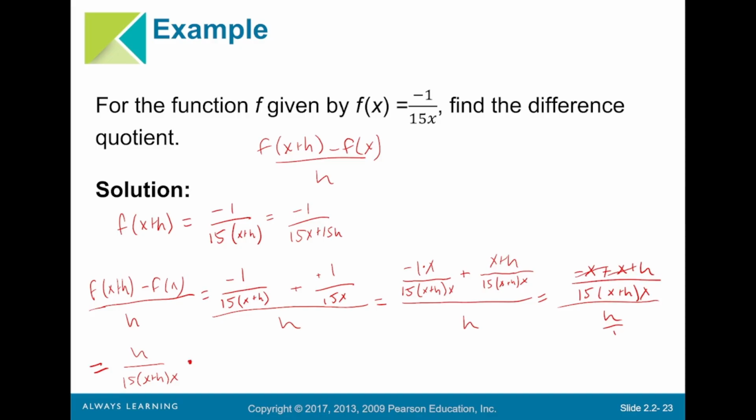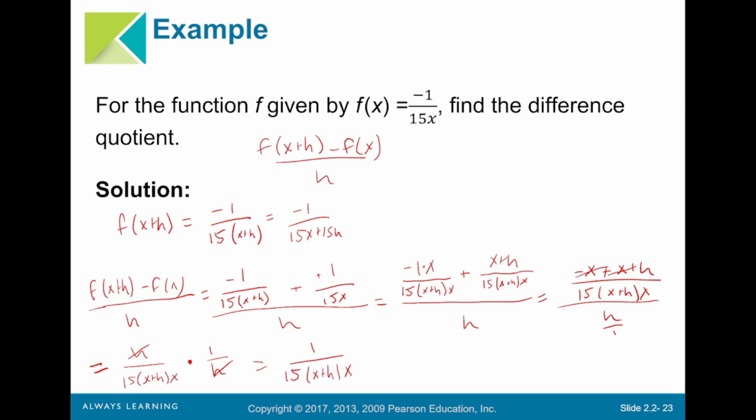Now, instead of dividing by h over 1, we're going to do times 1 over h, multiplied by the reciprocal. Oh, but now I have an h in the numerator, and I have an h in the denominator. So now this simplifies to 1 over 15 times x plus h times x.